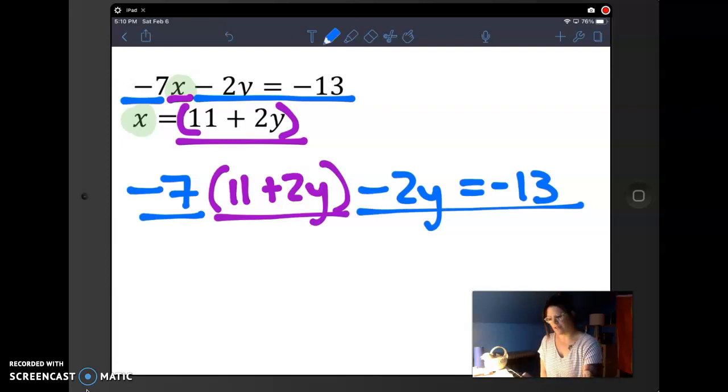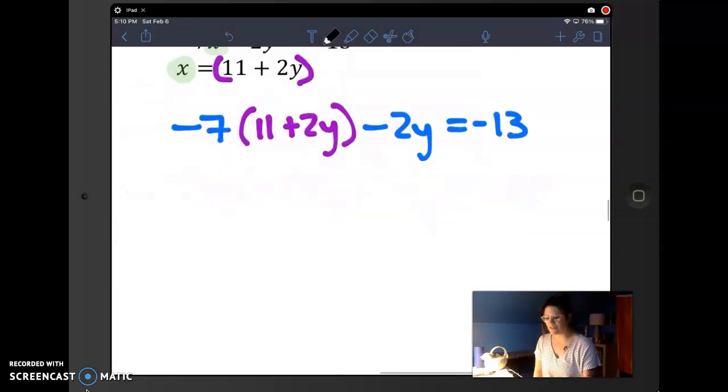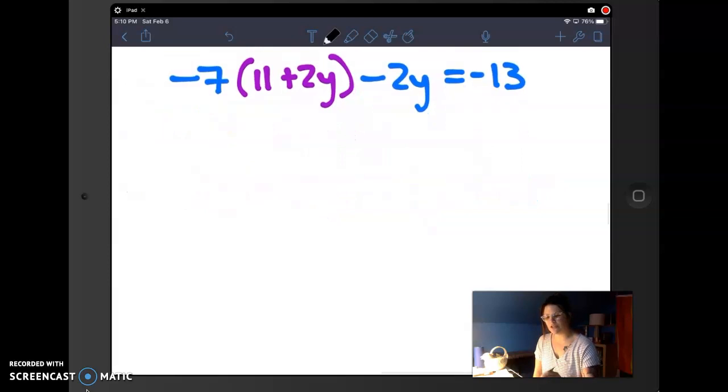So hopefully that is helpful for you to figure out how to start. That's the substitution, right? You're plugging in, substituting. Okay, so we are going to just solve this like any normal equation, just like we learned in quarter 1.